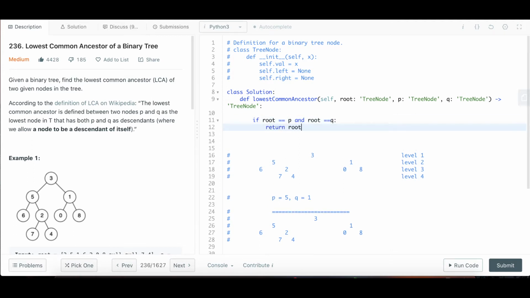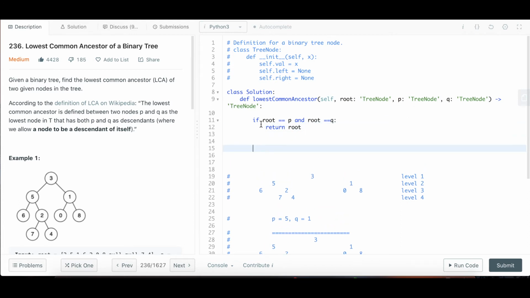Because in recursion, as you may remember, we are moving from top to bottom, and when we hit the base case, we move backward up until we get to the original place that we started from. Here, for example, we start from the root. You go down, either left or right subtree, find the nodes we're interested in, and then we move backward up until we get to the root, and then we decide what the lowest common ancestor is.